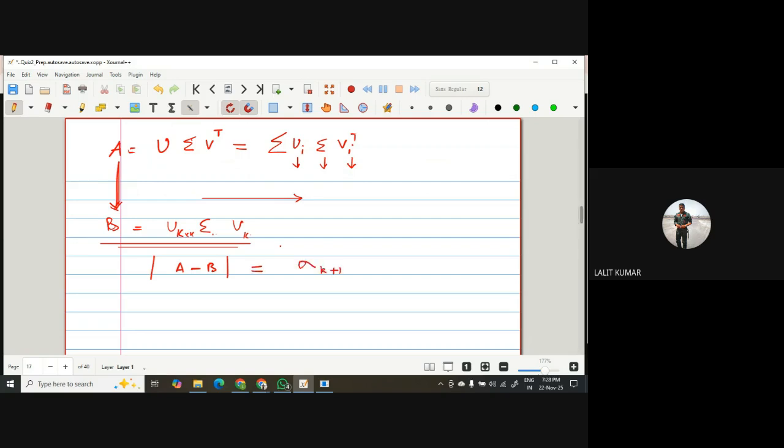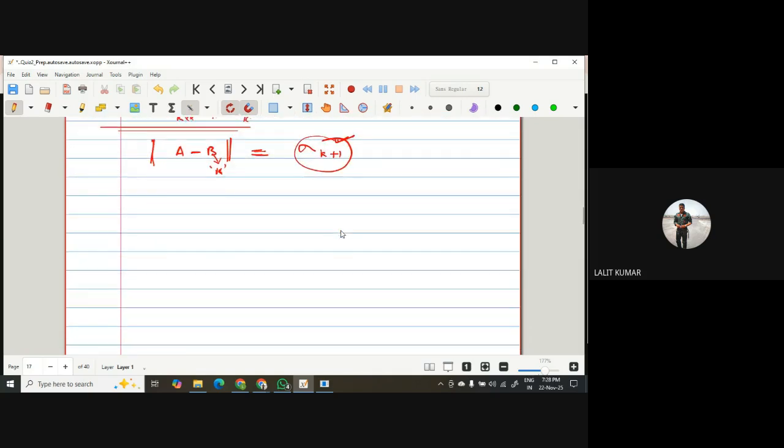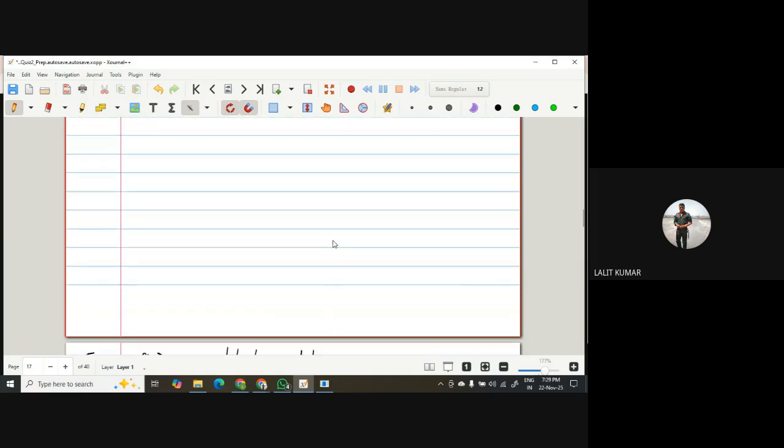And this question is there in the GA also, and it is there in the PYQ also. So this is from approximation.